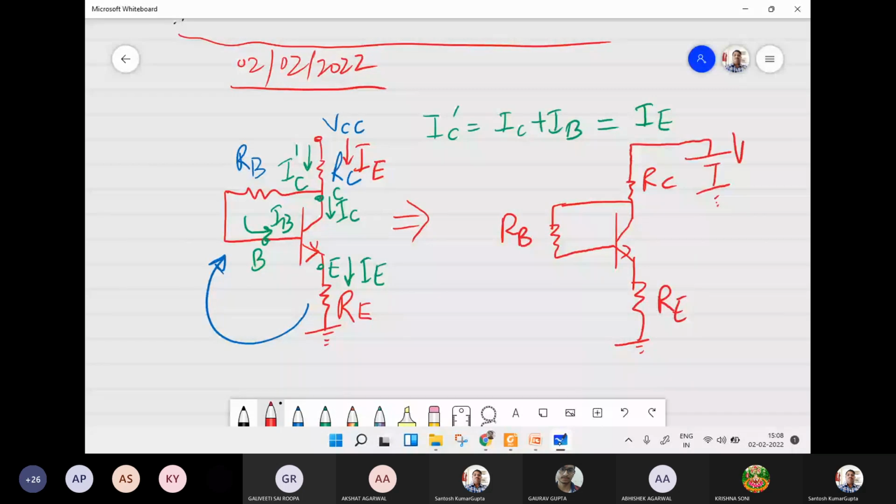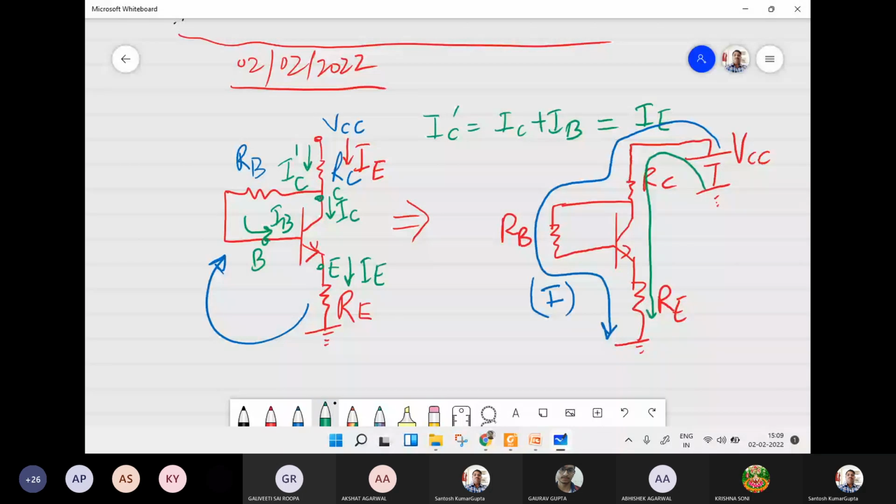So we have one loop consisting of this one, and another loop at the output side, which is the second loop.